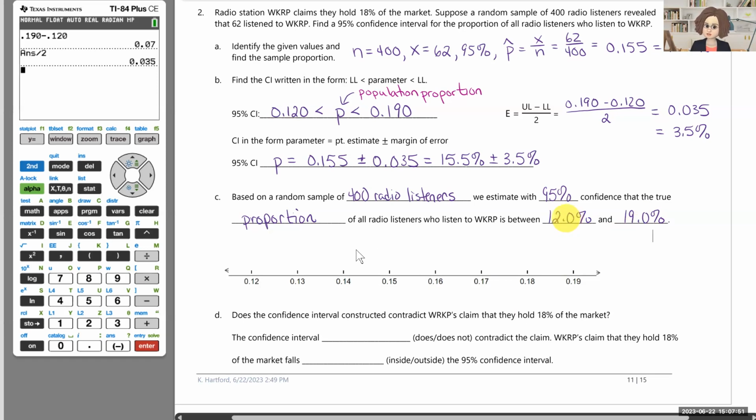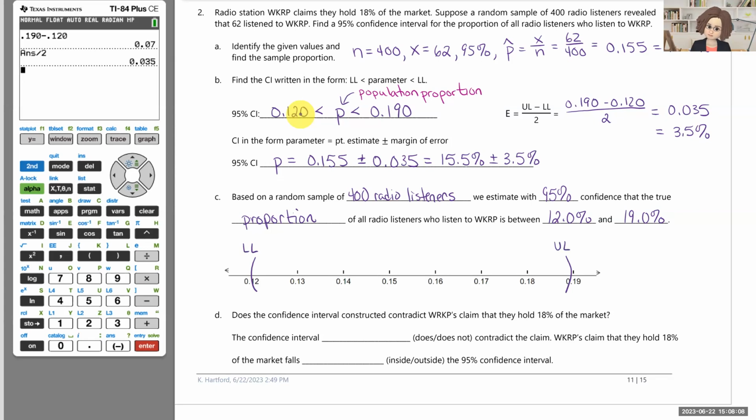All right, so let me draw a picture of this confidence interval. So the lower limit is 0.12. Actually, let me draw that on the line. So that's 0.12 lower limit, upper limit 0.19. I'll put in my p hat, my point estimate, 0.155. So there's my p hat. And that margin of error, then that distance from your p hat to the upper and lower limit is 0.035.